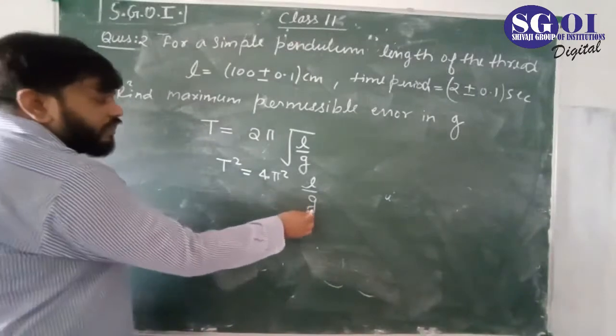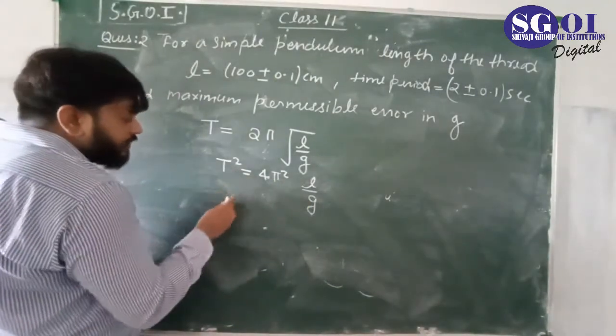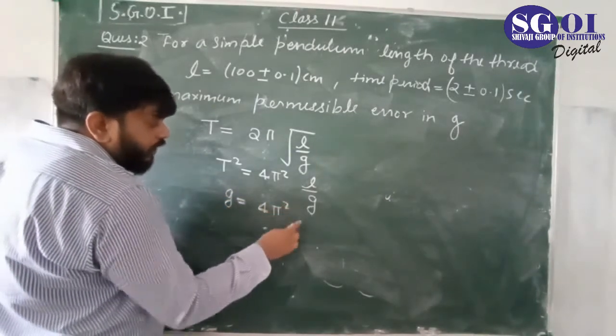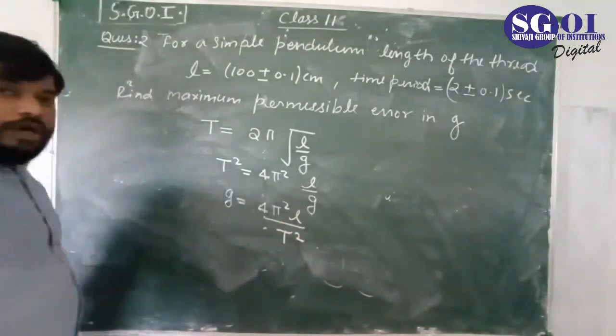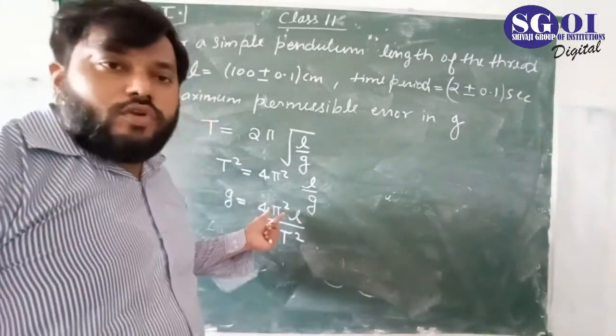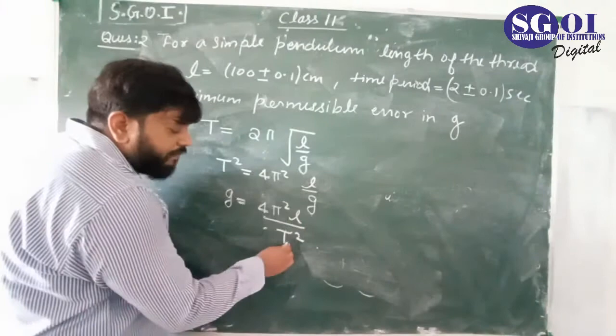Now move this term to the LHS, so g equal to 4 pi squared L upon T squared. Now you are seeing here this 4 pi squared is a constant term. It would not be considered for the error measurement. The term remains L by T squared.